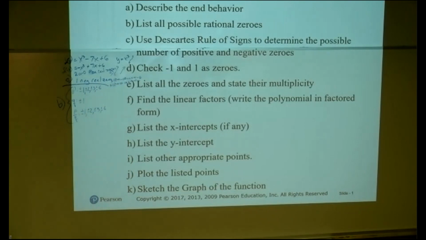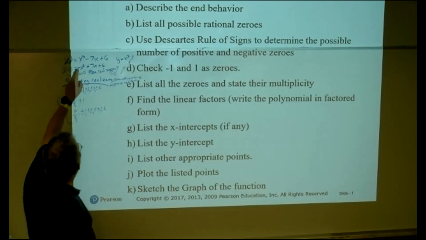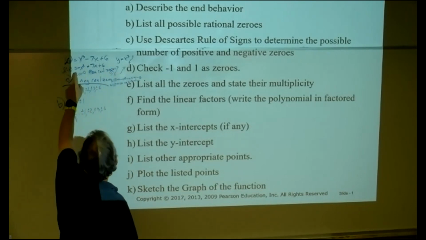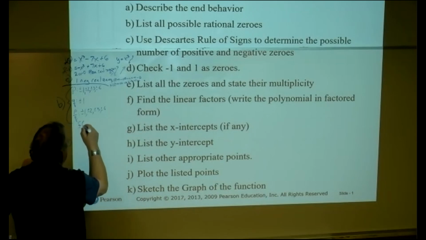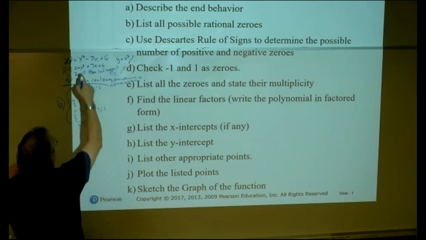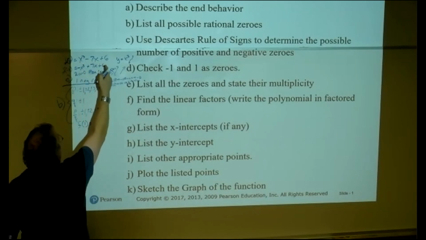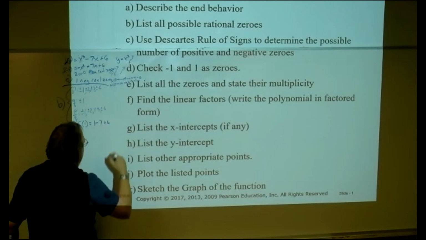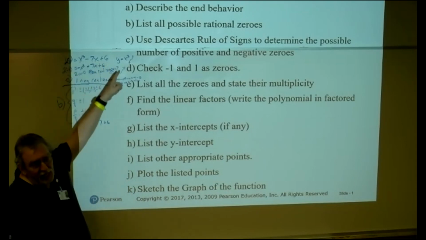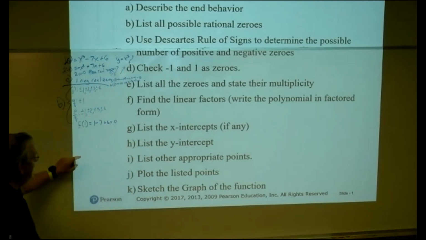Now, checking for 1 and negative 1 to be zeros is as easy as adding the coefficients. If I do f of 1, that's just 1 minus 7 plus 6, which is just the coefficients of that function. And that does, in fact, equal 0.